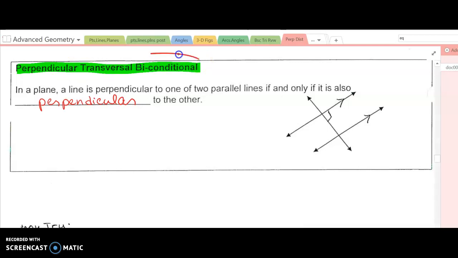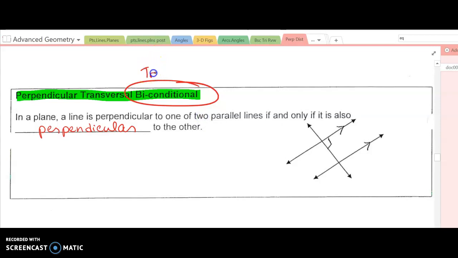We know biconditional now means that it is true forwards and backwards. So you could say this either way, and it does have that if and only if phrase in it. So if a line is perpendicular to one of two parallel lines, then it's perpendicular to the other.